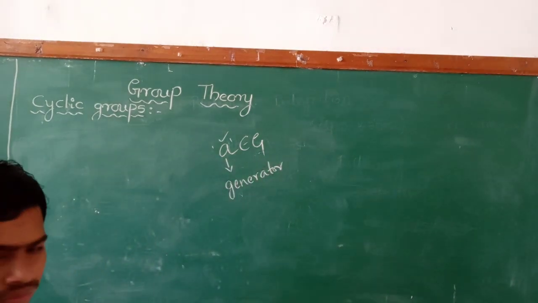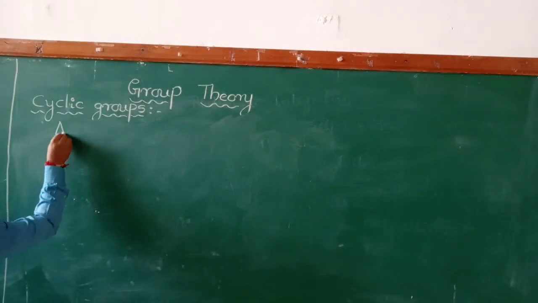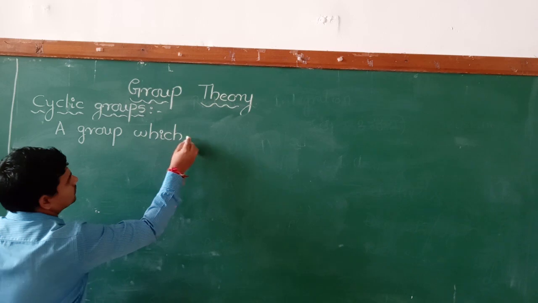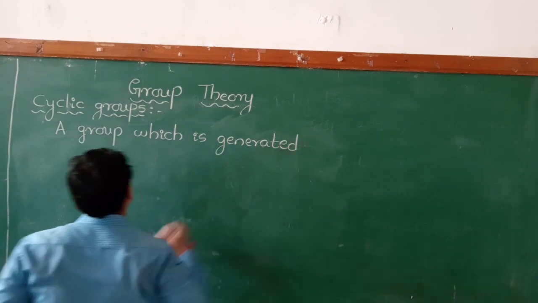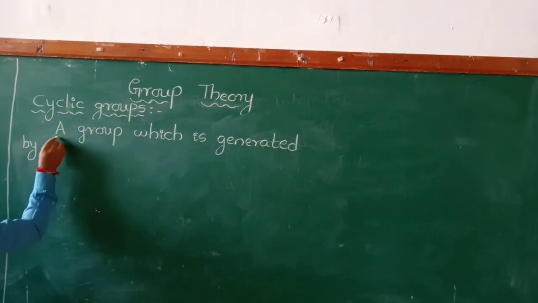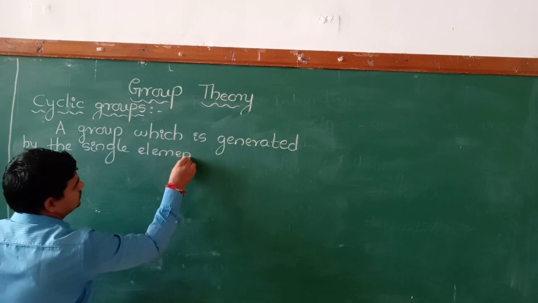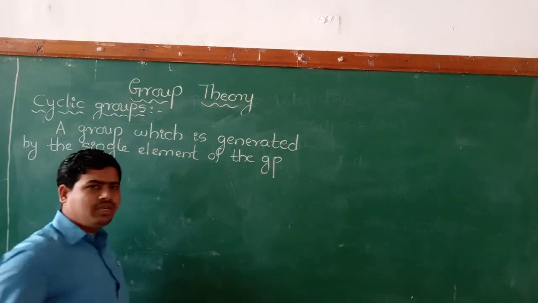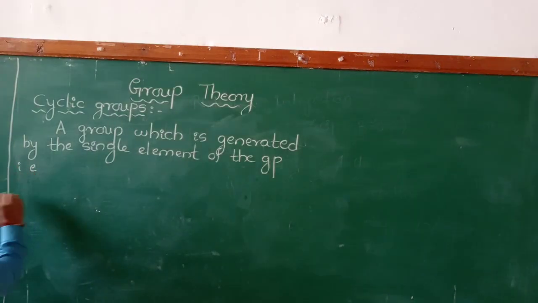A group which is generated by a single element of the group G. The group is usually denoted by (G, *). That is a cyclic group generated by a.